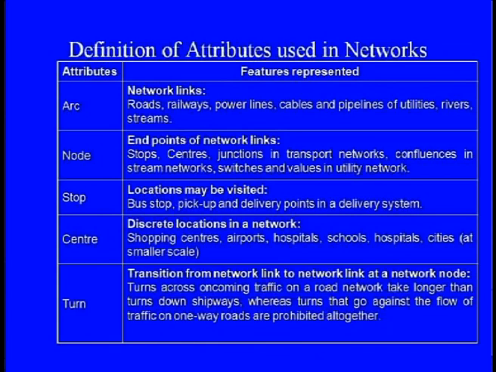Then turn, that is transition from one network link to another at a network node. Turns across oncoming traffic on a road network take longer than turns down sideways, whereas turns that go against the flow of traffic on one-way roads are prohibited altogether.